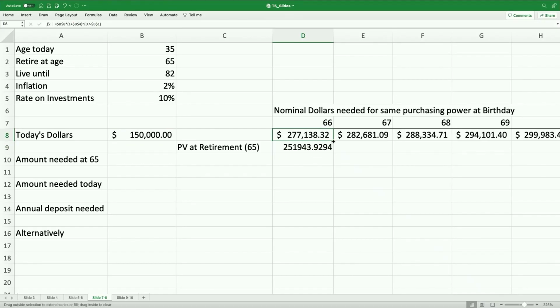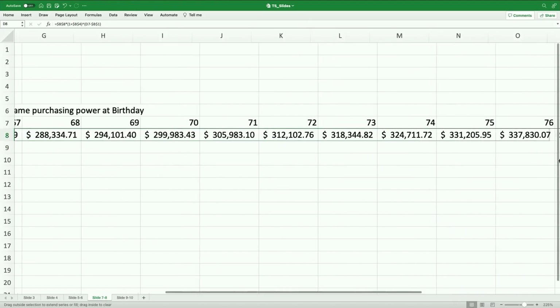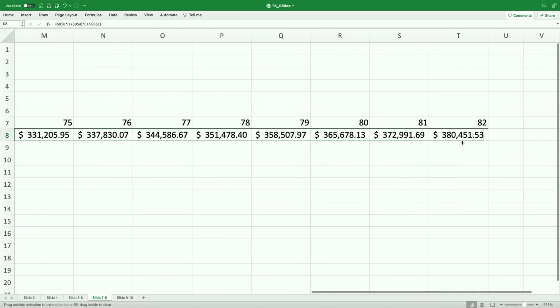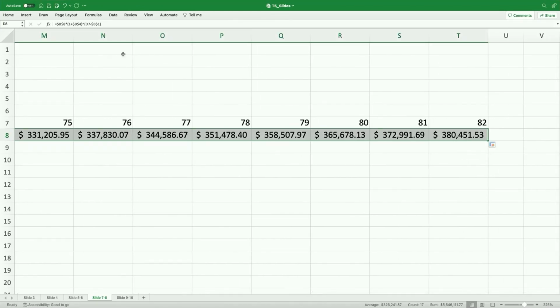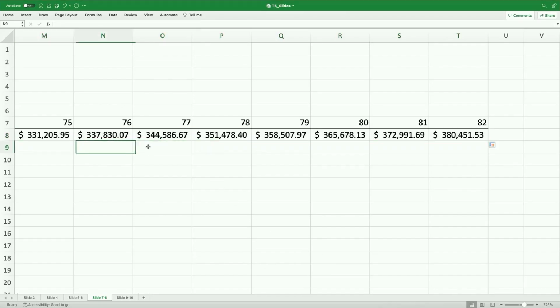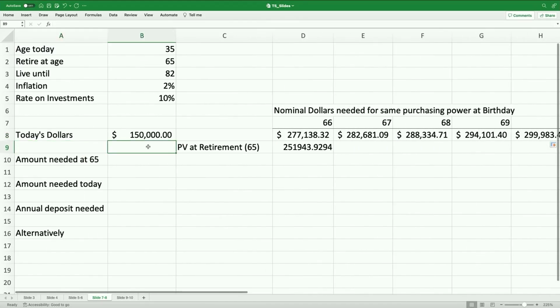Now when I grab this bottom right corner and fill across all the way to my 82nd birthday, the numbers over here change, but that original 150,000, the rate of inflation, and the starting point, year 35, do not. Okay. So let's go back to the beginning.